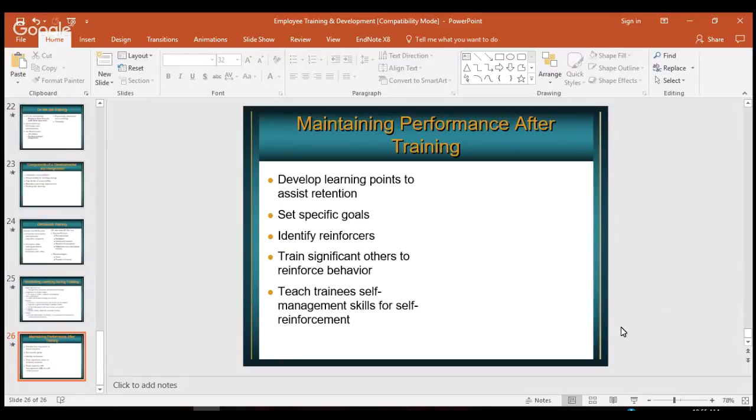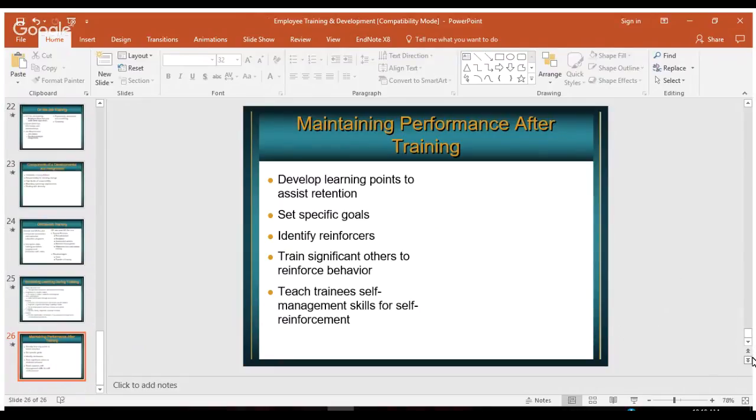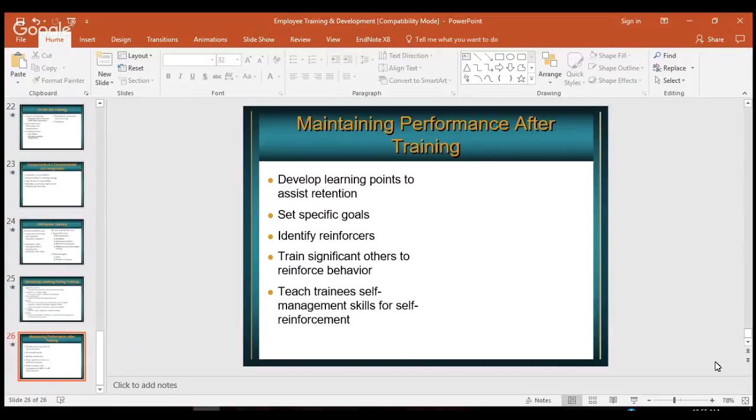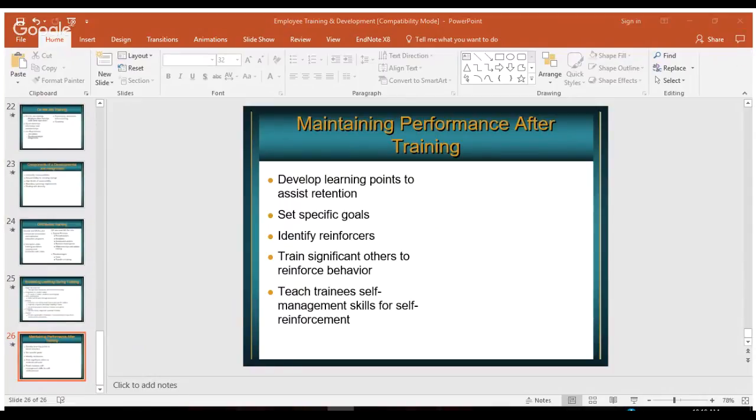Train significant others to reinforce behaviors, be colleagues, it could be managers, all of these to ensure that we are staying abreast with the learning and we are being held accountable.